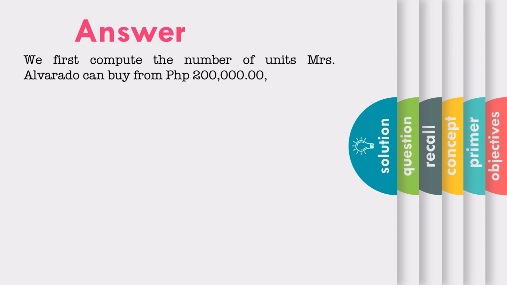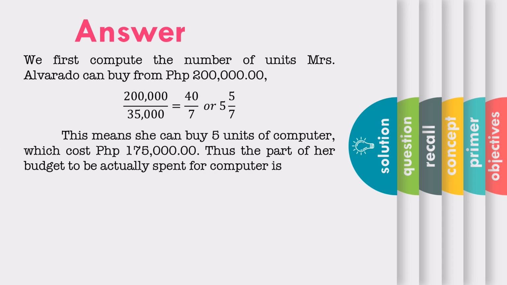That means we divide 200,000 by 35,000, which is equal to 40 over 7, or in mixed number, we can write it as 5 and 5/7. This means that she can buy 5 computer units, which cost 175,000 pesos.